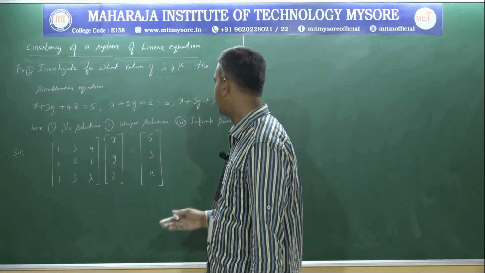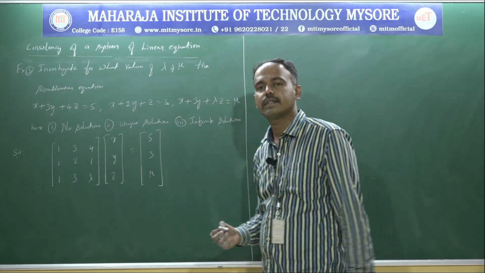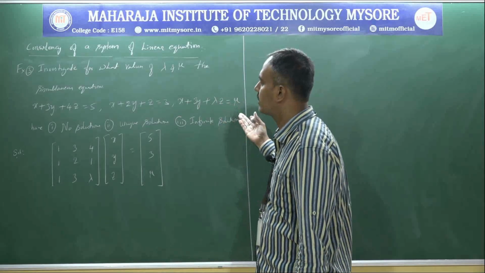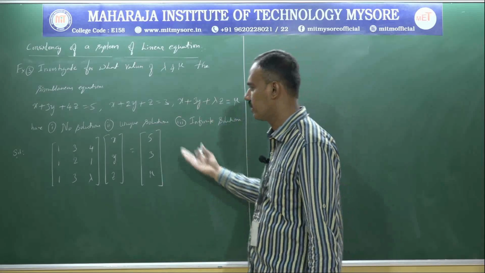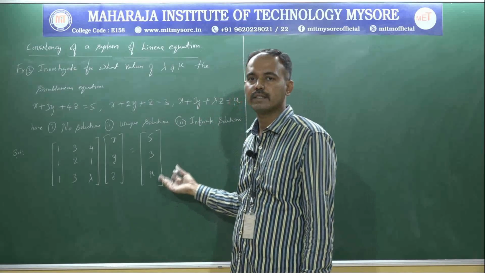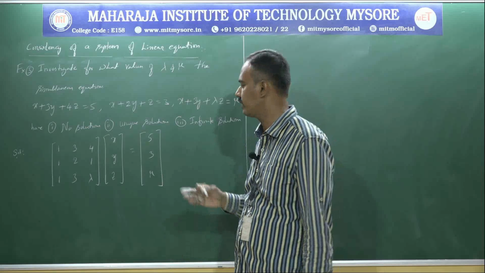The next one is the right-hand side, with values 5, 3, mu, because the given system of equations is a non-homogeneous system.